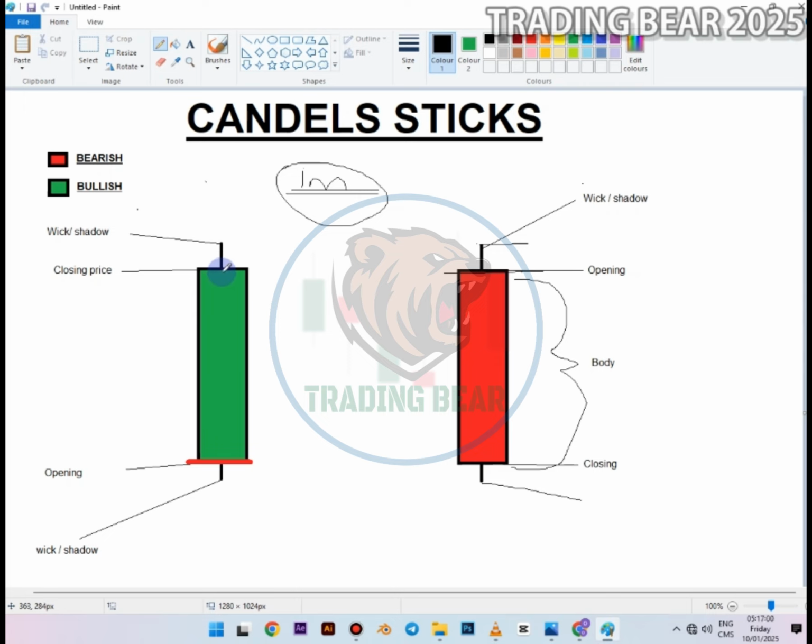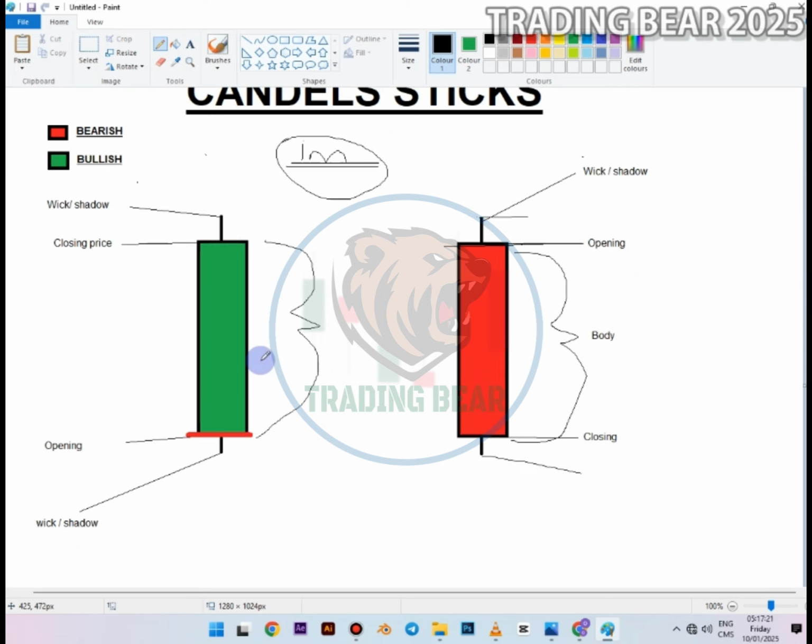And then here we go, it closed 1 minute and then started another candle, leaving this shadow here and then leaving this shadow here. So this is our body.